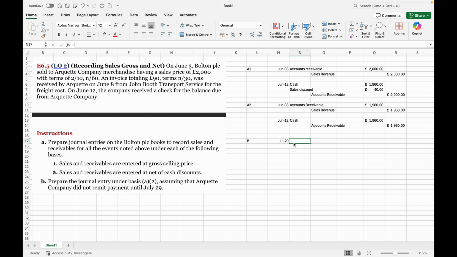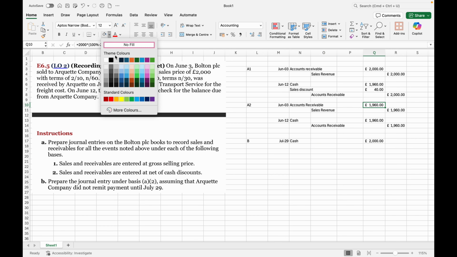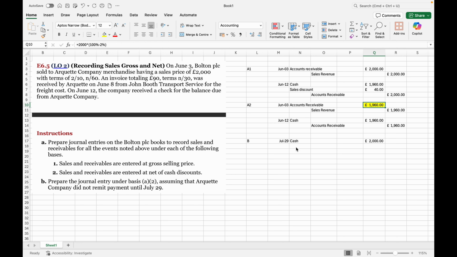So that would mean that we have to say that we have received not 1,916 cash, but 2,000, because that is the whole amount. However, we know that the initial account receivable that we had had been simply 1,960, so we will still decrease it by credit.